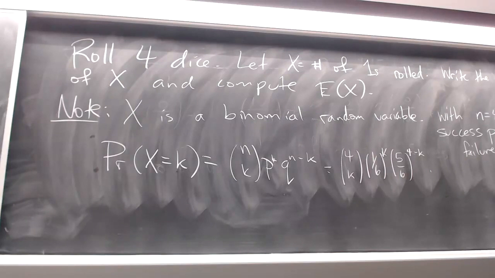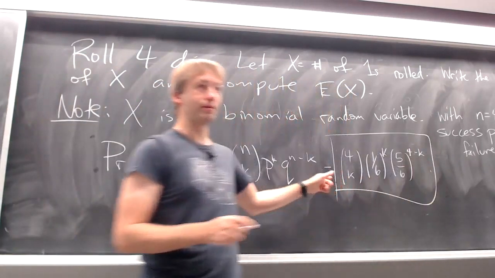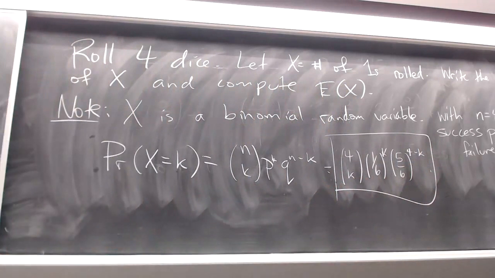The probability x is equal to 0, we just plug in k equals 0, so we get 4 choose 0, p to the 0, q to the 4. 4 choose 1, p to the 1, q to the 3. If you don't know where these are coming from, they're coming from plugging in different values of k. So then we've got 4 choose 2, p squared, q squared, 4 choose 3, p cubed, q to the 1, 4 choose 4, p to the 4, q to the 0.